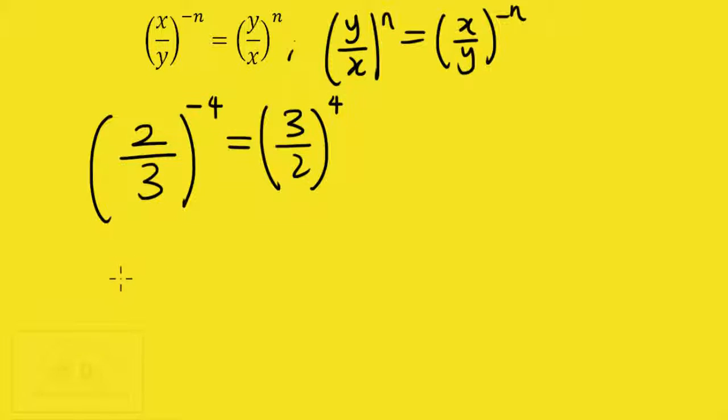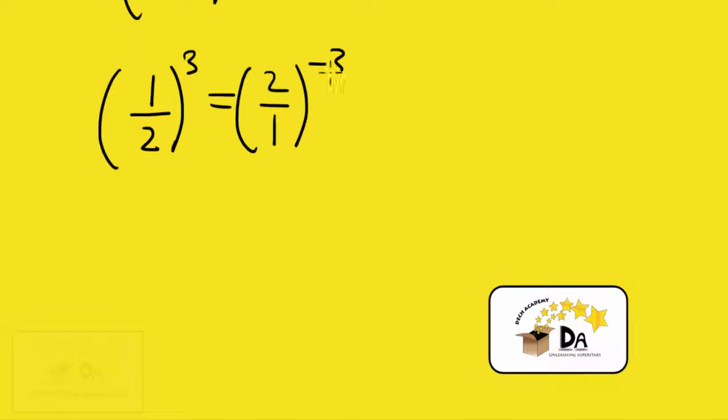Another example, 1 over 2 to the power of 3, the same thing as 2 over 1 to the power of minus 3. So when you have a fraction raised to a certain power, you can take the reciprocal and raise it to a negative power and you haven't changed anything. So 1 over 2 to the power of 3 is equal to 2 over 1.